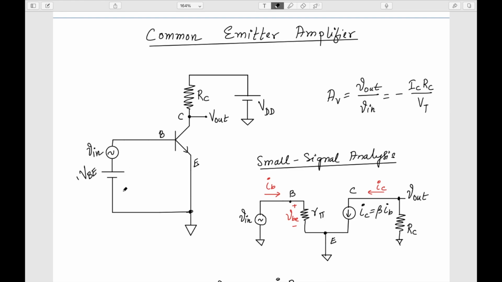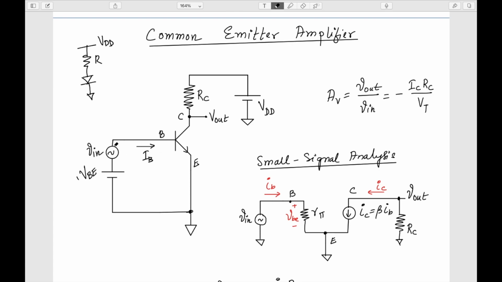The basic principle is that what I need to set here is this DC current IB. In a PN junction diode, if I want to set the current flowing through the diode, we know that this is defined by the resistor R. So with VDD, we will use the same technique to bias, to fix this IB.